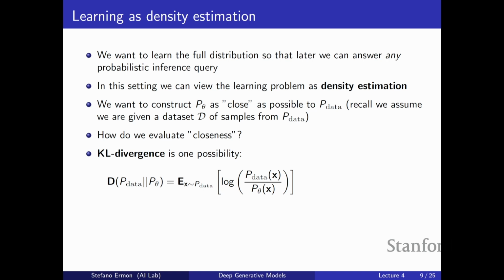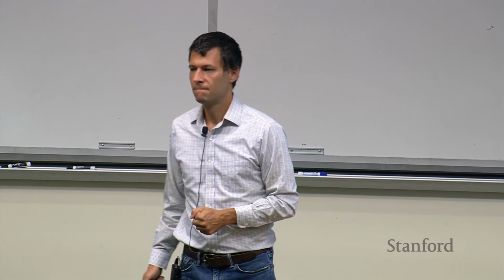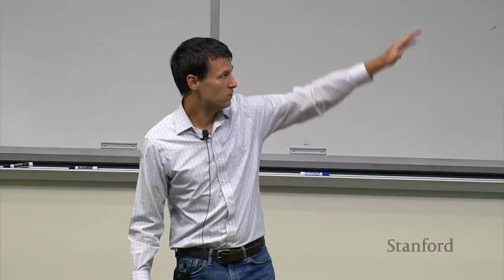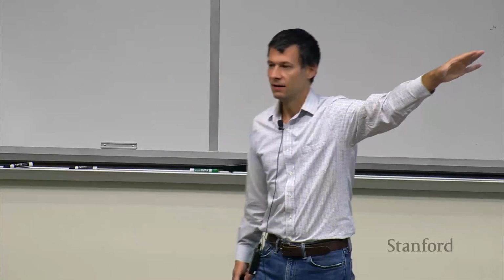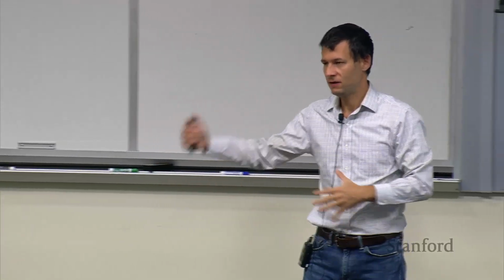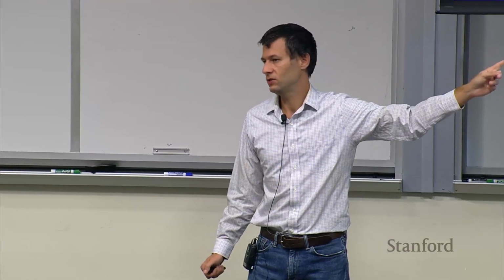Yeah. I wonder, do we use other metrics to evaluate the distance between two distributions? Yeah. So the question is, do we ever want to use other metrics? Yes. We'll see that in future lectures. We'll get different kinds of generative models simply by changing this one ingredient.